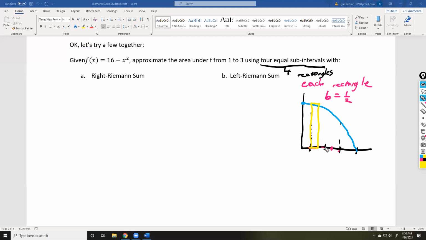Between 1.5 and 2, if I have the choice between the two, I'm going to choose the leftmost endpoint, which is 1.5. Between 2 and 2.5, if I'm going to make the choice, I'm going to choose the leftmost endpoint. Between 2.5 and 3, if I have the choice, I'm going to choose the leftmost endpoint.